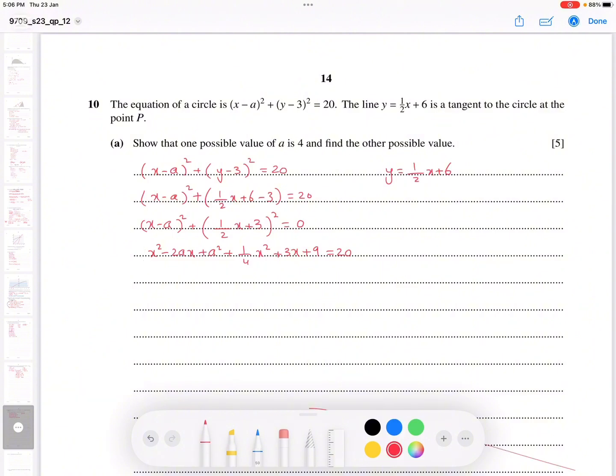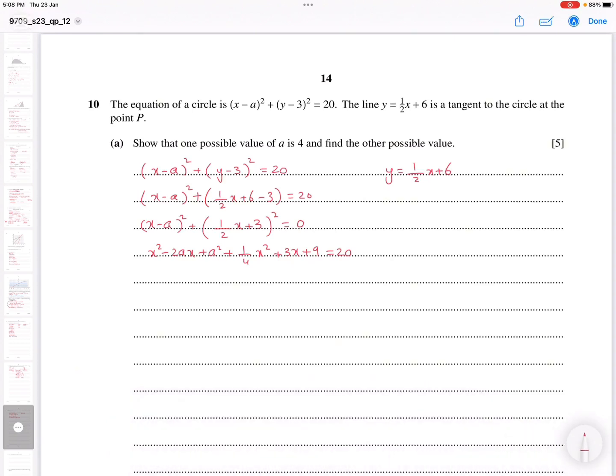Now let's simplify this. The like terms, if you see like terms, one is x squared, other is 1 plus 1 over 4 x squared. So this will become 5 over 4x squared minus 2ax plus 3x plus a squared minus 11 equals 0.